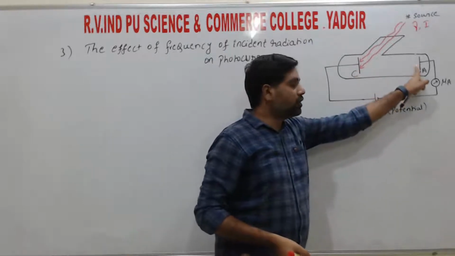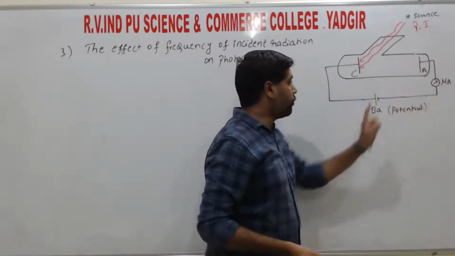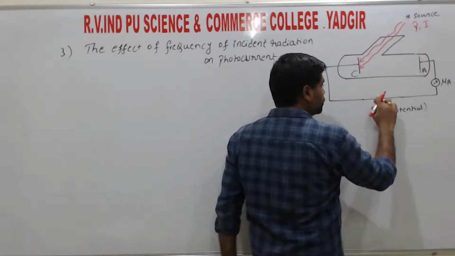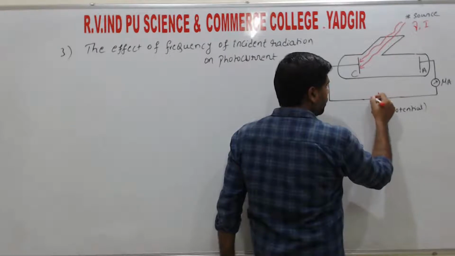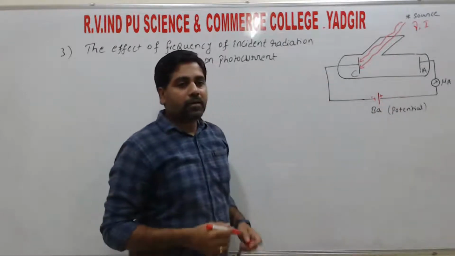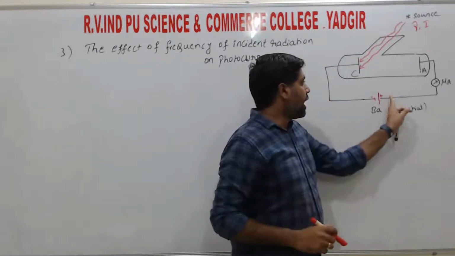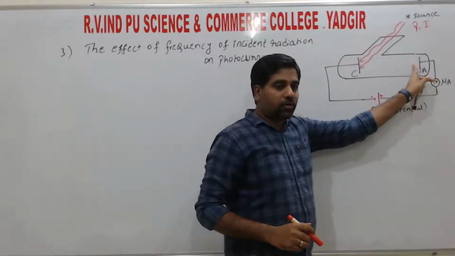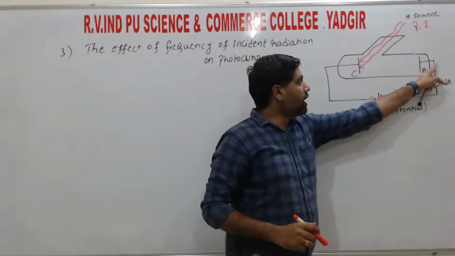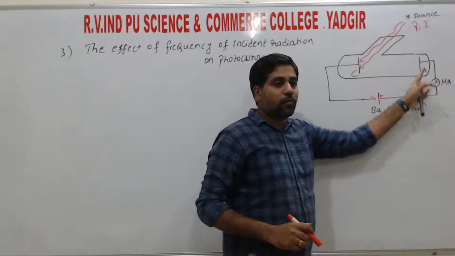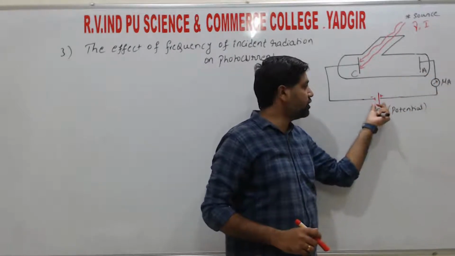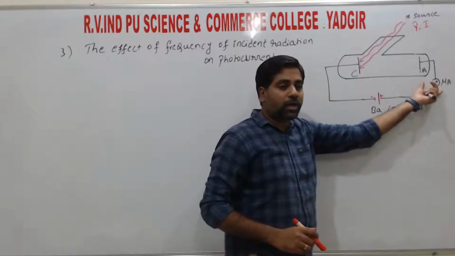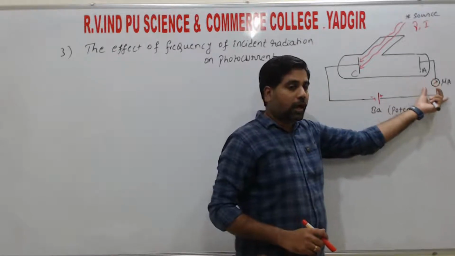First we kept this plate positive, so the battery is positive here and negative here. As we increase the potential of the collector plate, the number of electrons flowing in the circuit is more. Hence, we get the maximum current. As we increase the potential, we get an increased photocurrent.